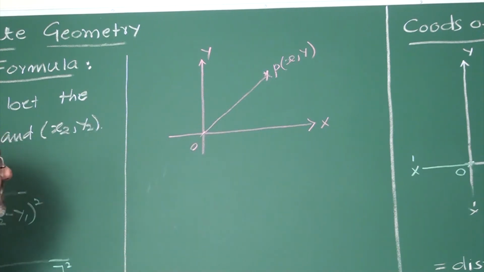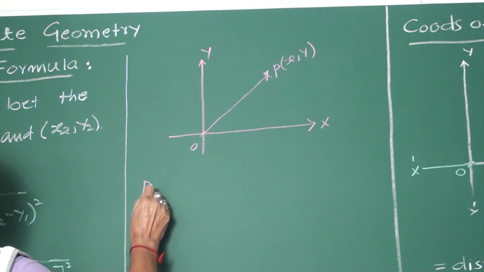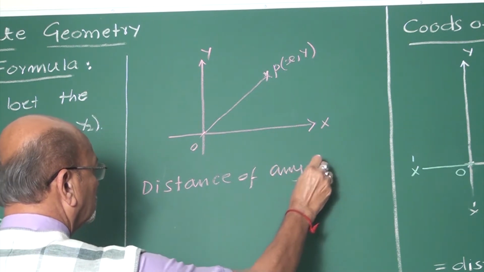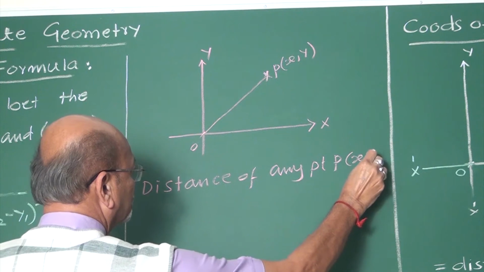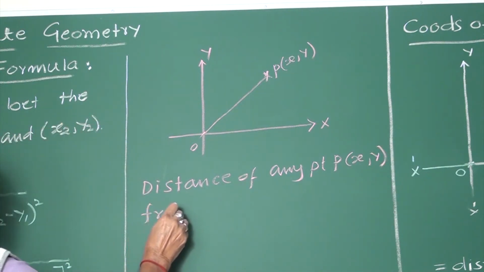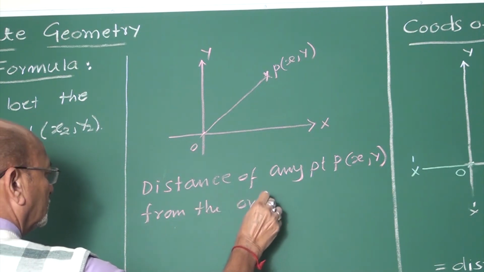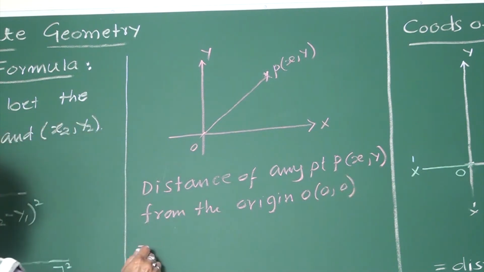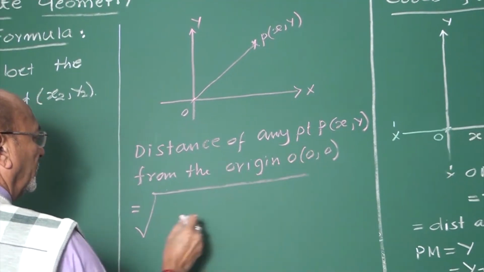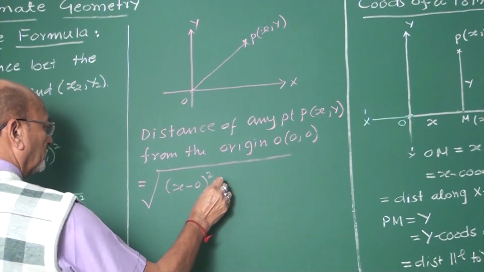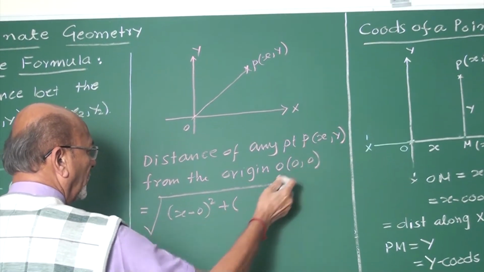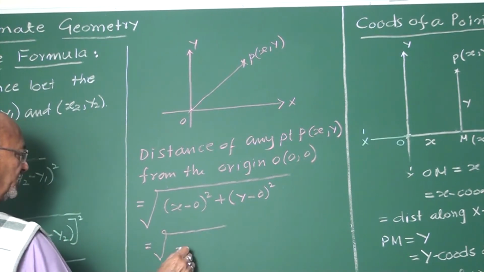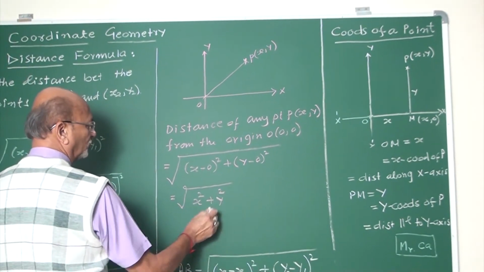The distance of any point P(x, y) from the origin O(0, 0) is equal to the square root of (x minus 0) the whole square plus the difference of y coordinates (y minus 0) the whole square, which is the square root of x square plus y square.